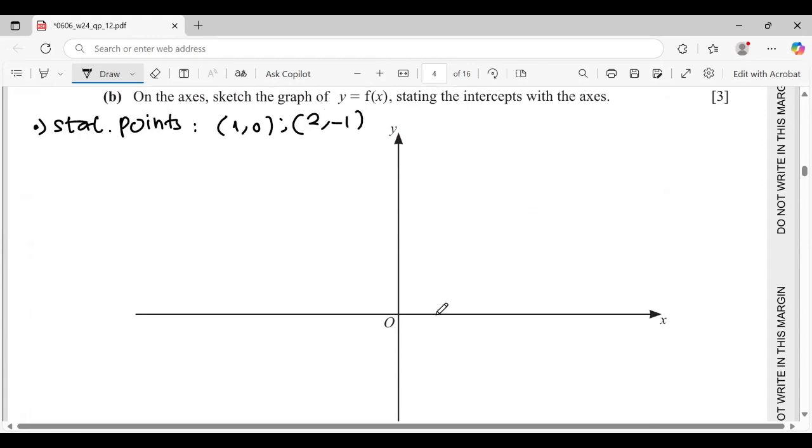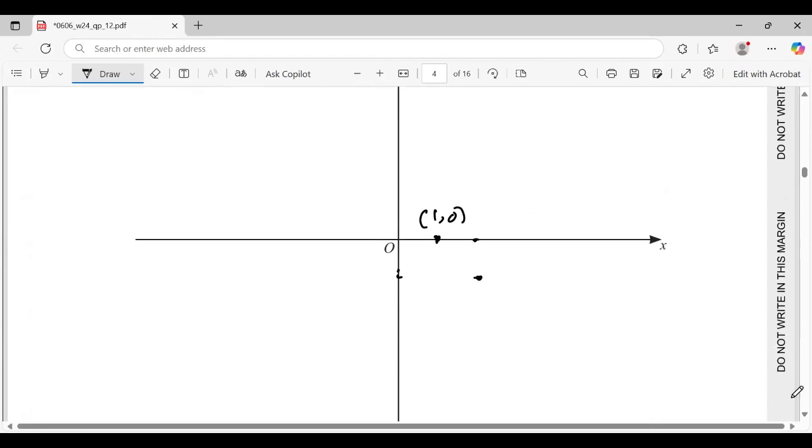So (1, 0) here, and (2, minus 1), with 1 and 2 here and minus 1 here. This is (1, 0), the first stationary point, and the second stationary point is (2, minus 1).